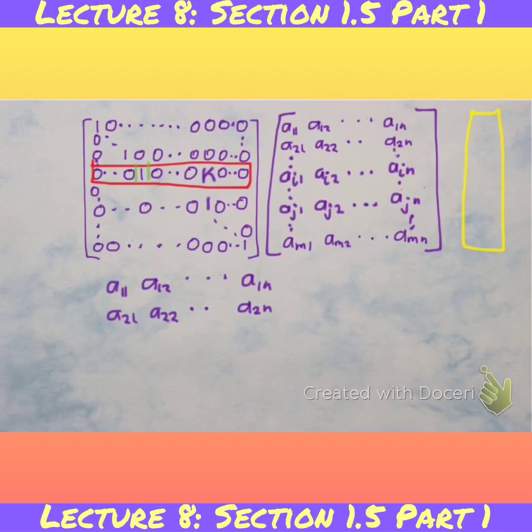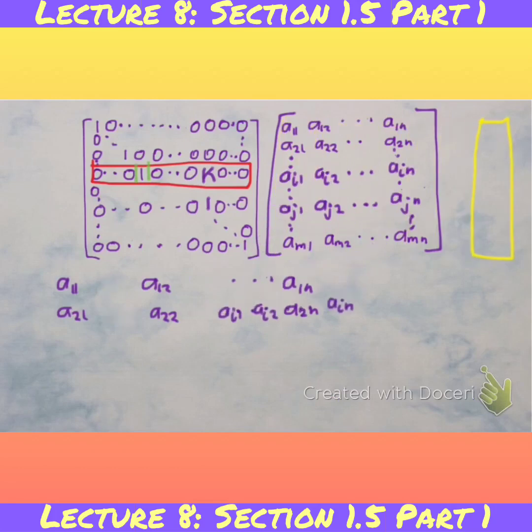Now if we look at that 1, where's that 1? That 1 has a position which lies in the ith row and the ith column of the matrix E. So if I dot that through with all the columns, that 1 is going to line up with the ith row of A. So I'm basically going to generate the ith row of A in the ith row of my product.